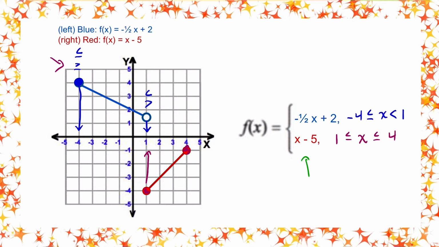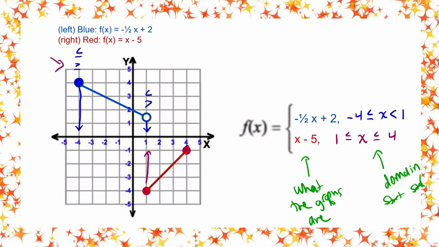This side is where they're going to tell you what the graphs are, like -1/2 x plus 2. And on the right side, you'll get the domain. That's from like start to stop. And it's going to be separated by a comma. And that's how you read something like that. But we'll practice a little bit more.